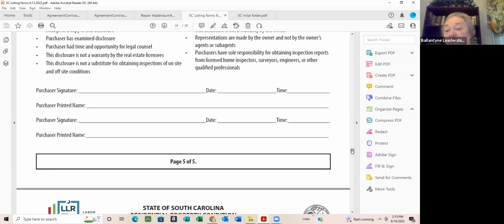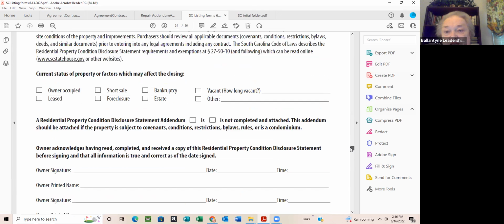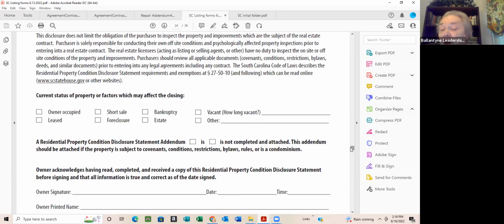So that was a new thing that they added in April of last year. The only other thing they added was about the roof, the age of the roof, and that's not always easy to find, but hopefully the seller does have some idea.